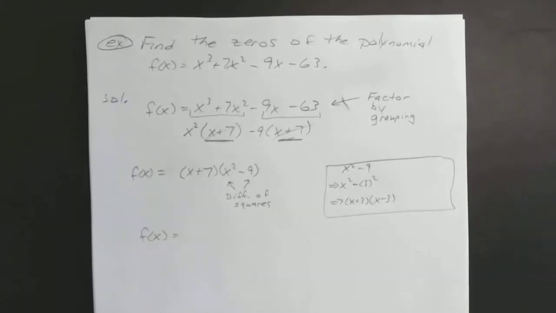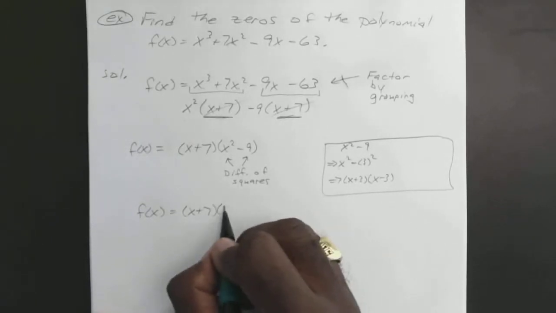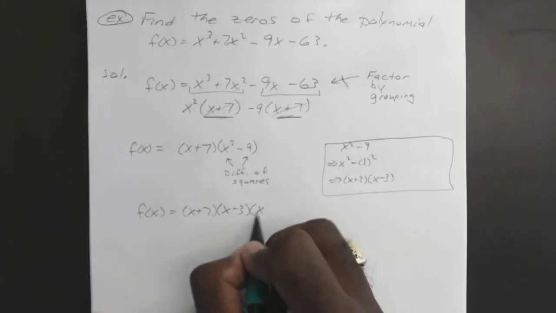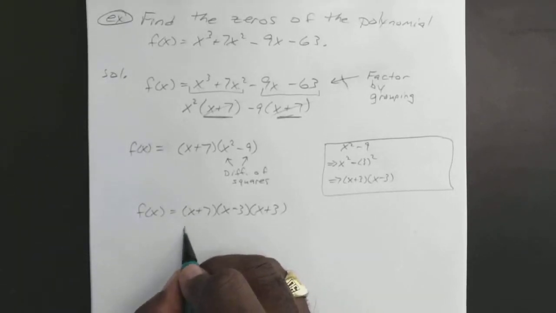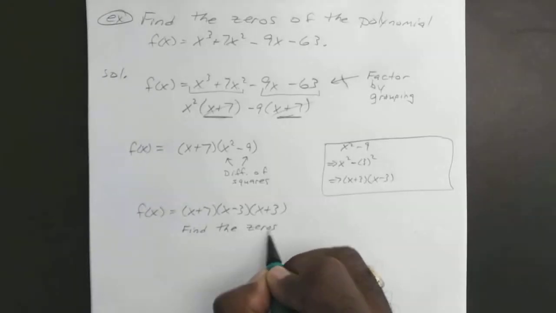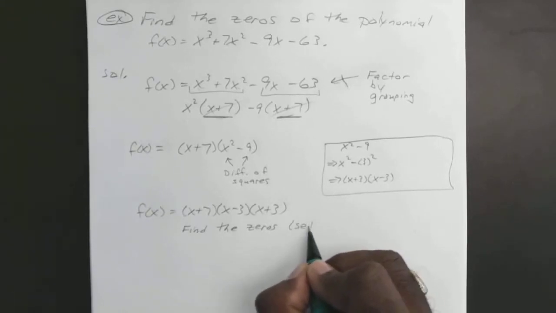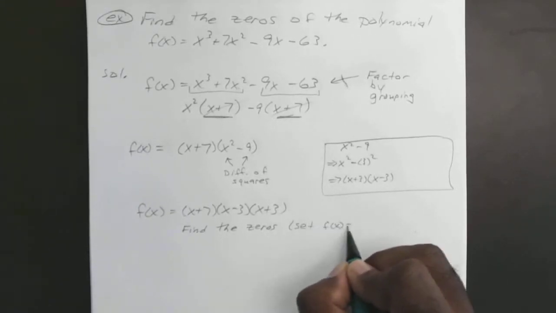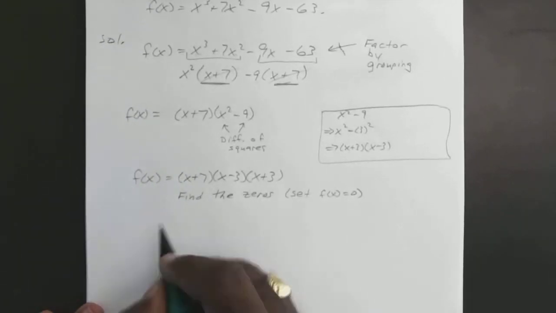All right, so that means our f of x is going to equal x plus 7, x minus 3, and x plus 3. Okay, so now we just find our zeros. So if we find the zeros, we set f of x equal to 0.